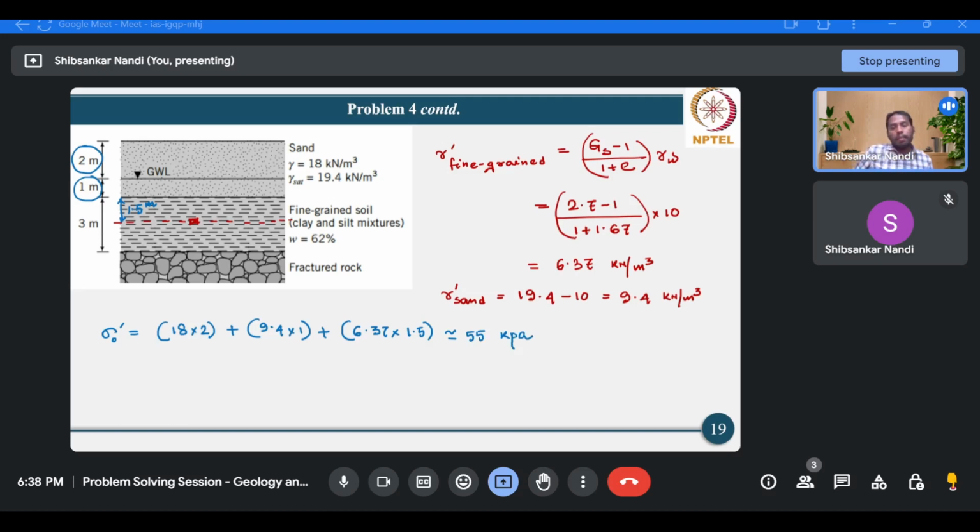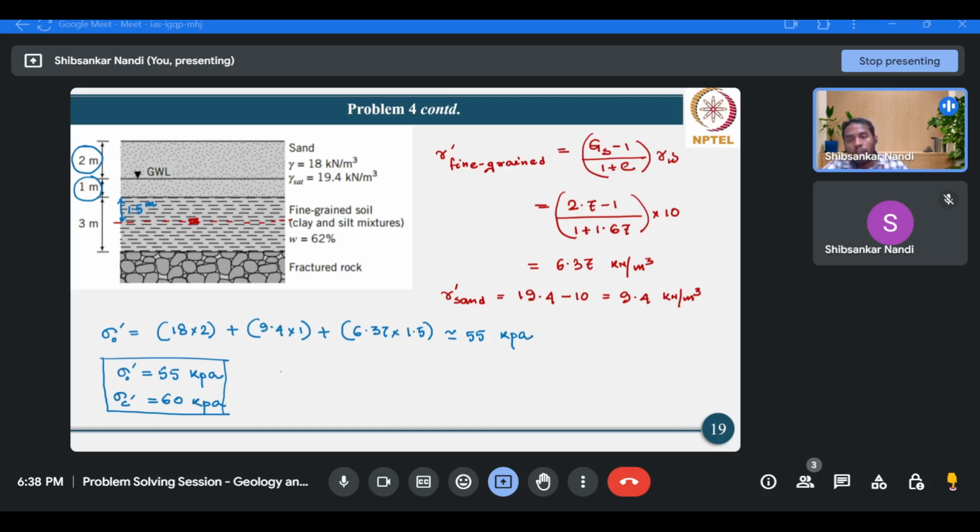Now as you can see, sigma 0 prime is 55 kPa and sigma c prime is 60 kPa. That means the soil had experienced a maximum stress in its past geological history as compared to its present value. So as per the definition, the soil seems to be over consolidated.